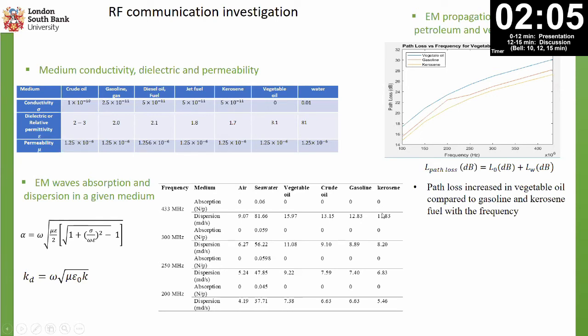Also, the EM propagation path loss was looked at between petroleum medium and vegetable oil. In this work, we use vegetable oil for health and safety because we cannot easily get our hands on petroleum medium. But looking at this EM wave absorption table, we see that vegetable oil is close to crude oil, gasoline, and kerosene.